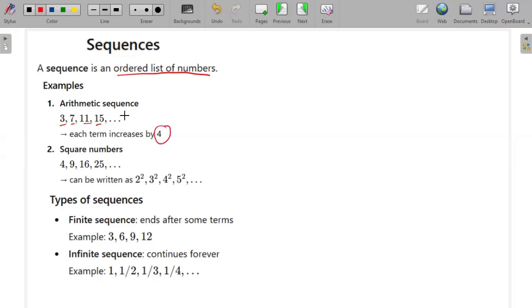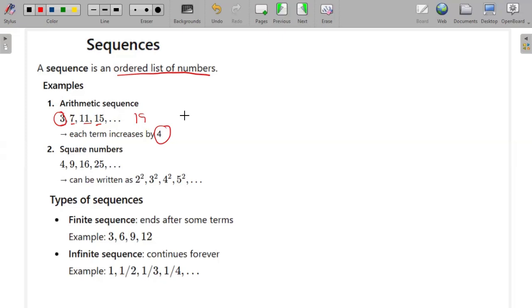Hence we're calling it an arithmetic sequence, because you're performing addition. To the first term you add 4, you get 7. To 7 you add 4, you get 11. To 11 you add 4, you get 15. So the next term after 15, when we add 4, has to be 19, and the terms continue just like that.